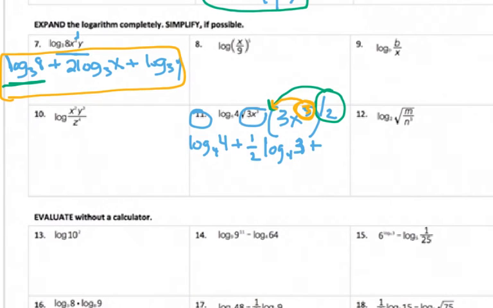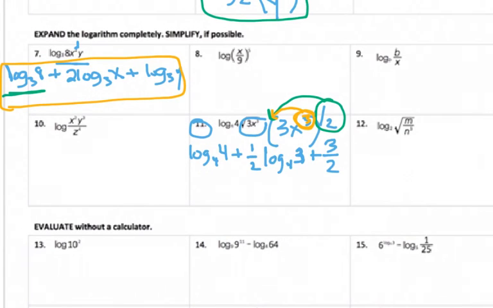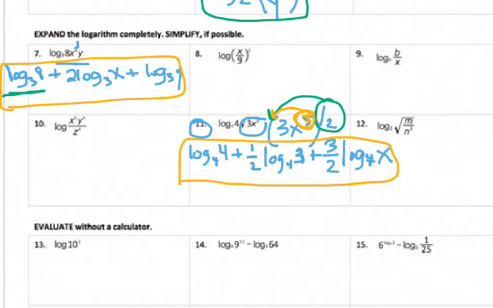So it's going to be plus 3 over 2 with the log rule, log base 4 of x. That's how you expand these. Again, it gets big and ugly, but there's no more steps than that. That's how you apply the rules.